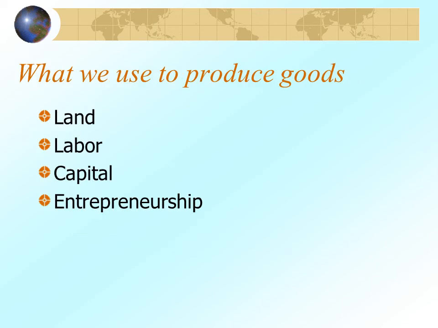So let's look at what we mean by the means of production, or the resources that we use to produce goods. And traditionally, we talk about 4: land, labor, capital, and entrepreneurship. And the 2 big ones that we talk about are labor and capital. And capital is, in finance, you usually think of that in terms of money, but here in economics, the money itself doesn't matter.